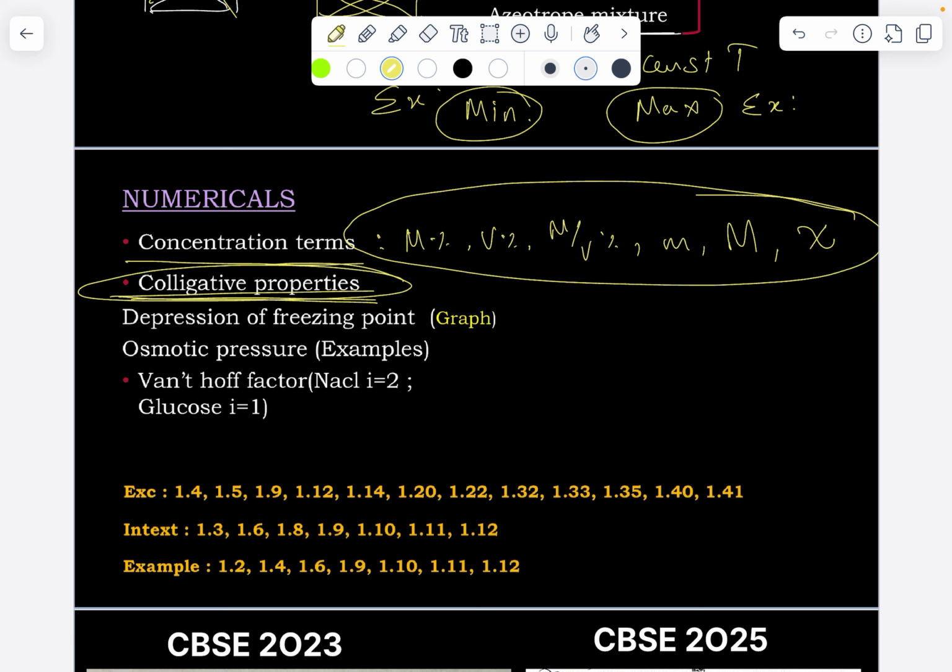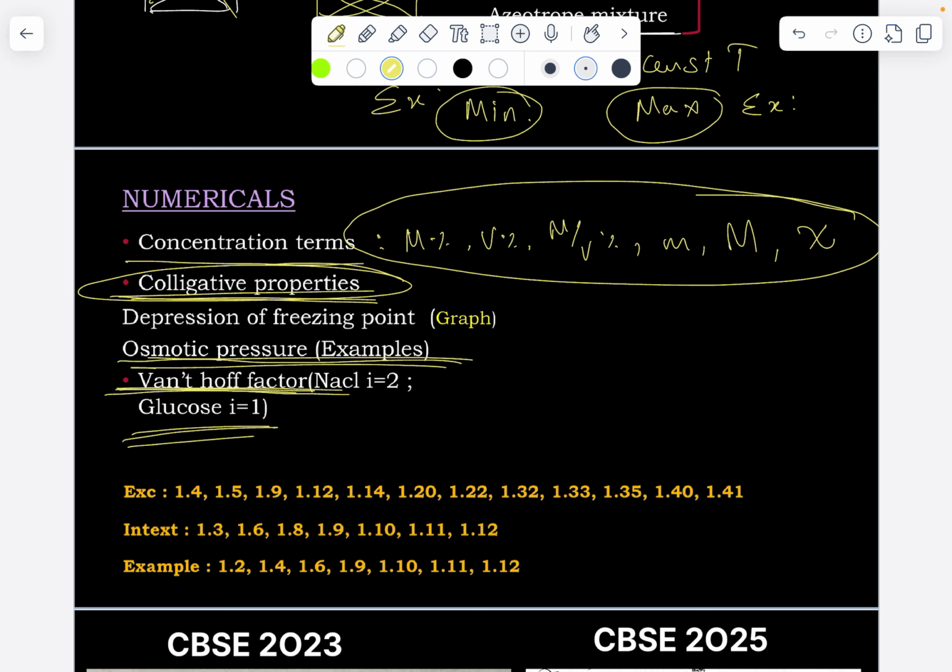For example, in colligative properties, many questions on osmotic pressure have been repeatedly asked over the past years. So give special importance to osmotic pressure, and also to the van't Hoff factor, since nowadays questions on it are also expected.